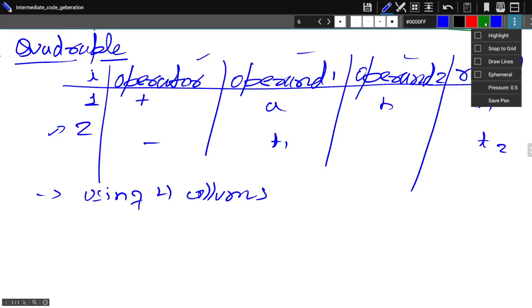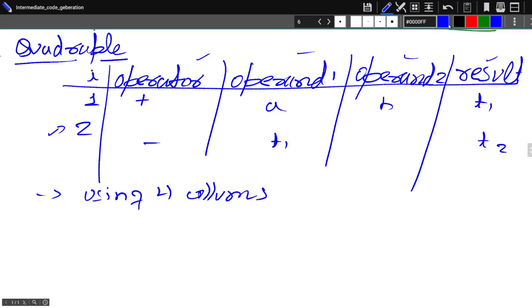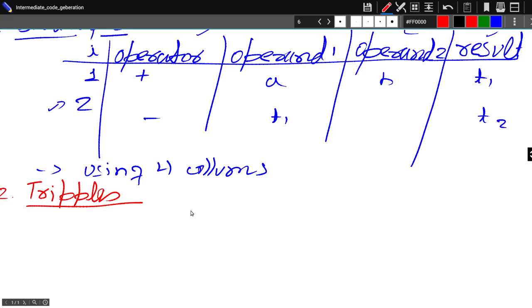Suppose I am taking red color. So if this is number 1, then number 2 is triples. Here we will use just 3 columns. In place of all the 4 columns, we will use the operator, first operand and second operand.